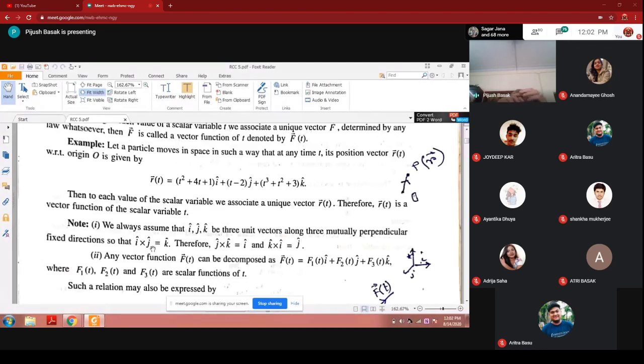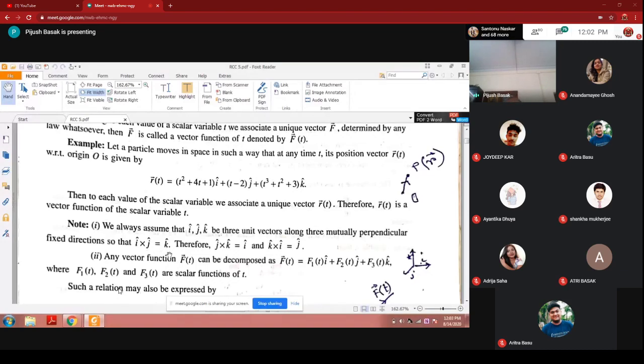So the included angle of i and j is 90 degrees, and the unit vector will be acting in the direction of the z axis.